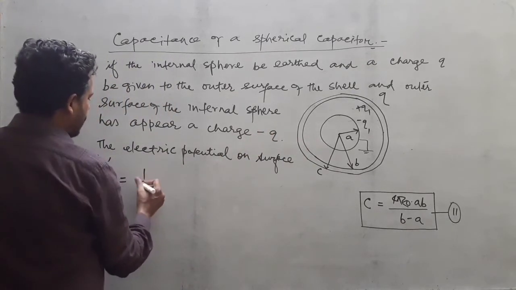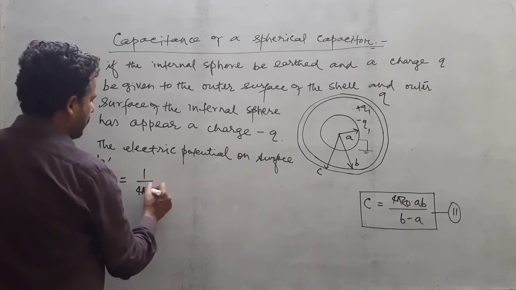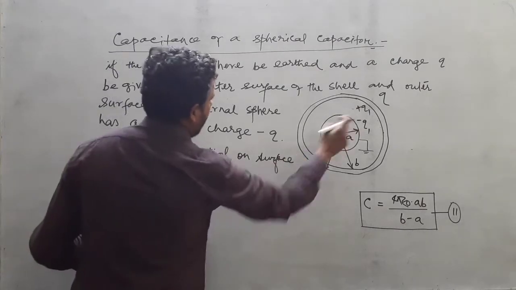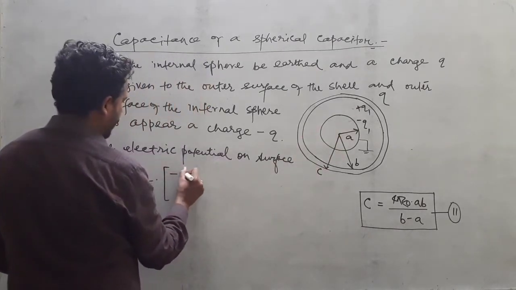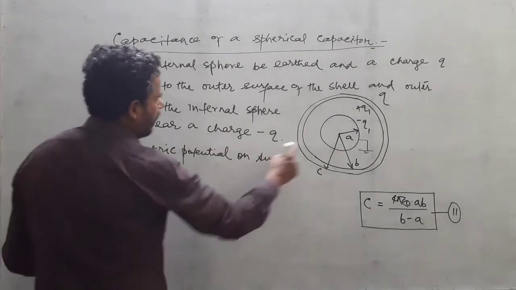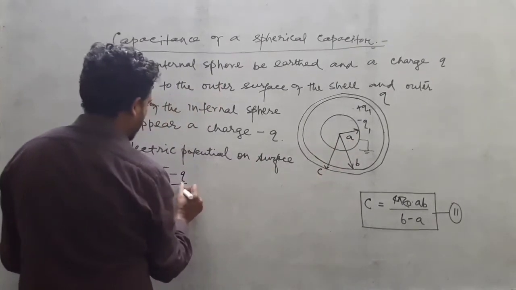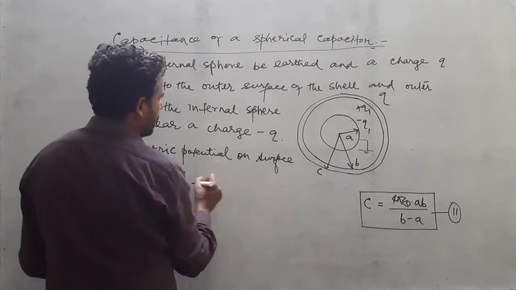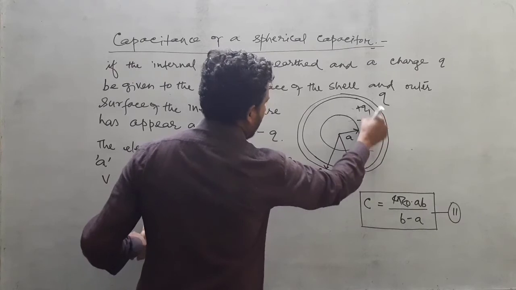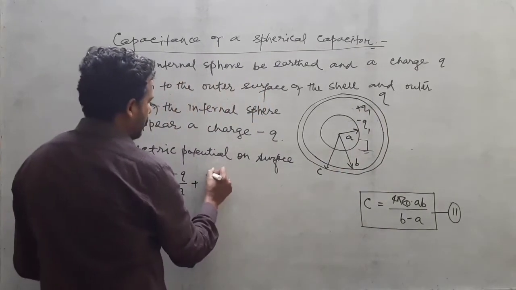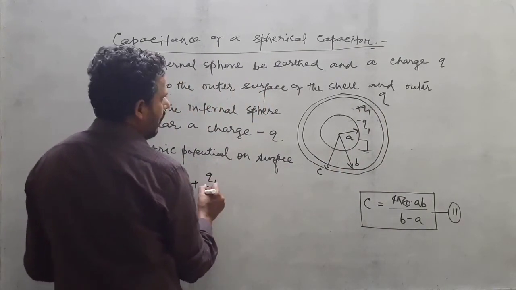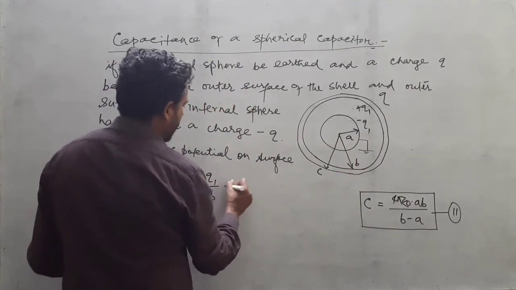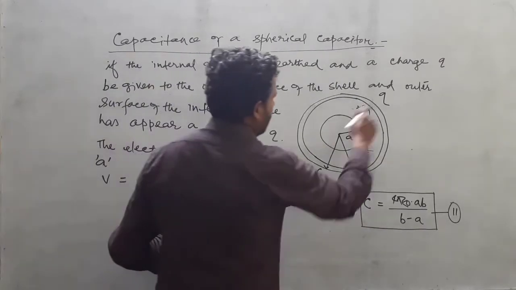This is V equal to 1 by 4 pi epsilon naught times minus q divided by radius r. So a is the radius, so minus q by a, plus the charge on the internal surface of the shell b, plus q1, so q1 by b, plus now the charge on the outer surface.